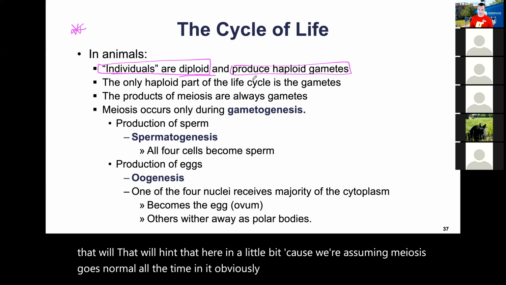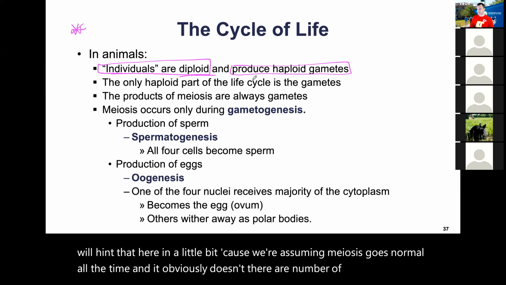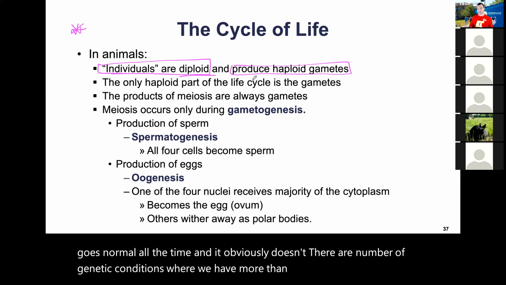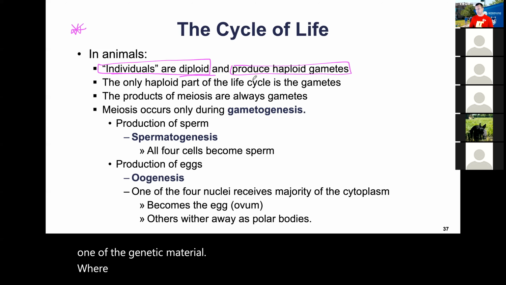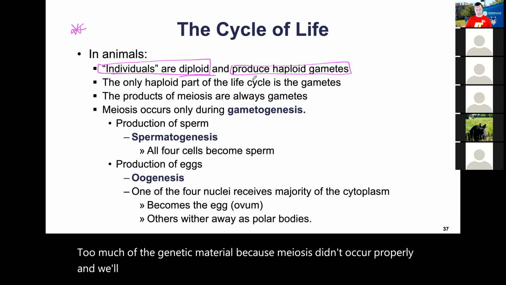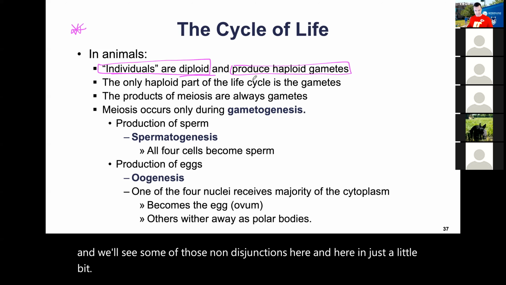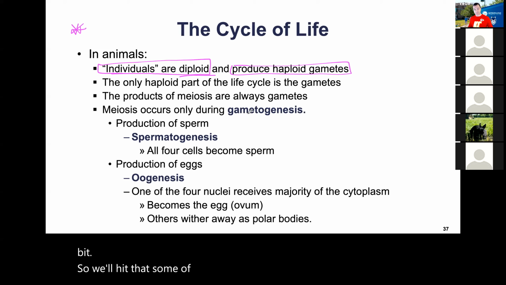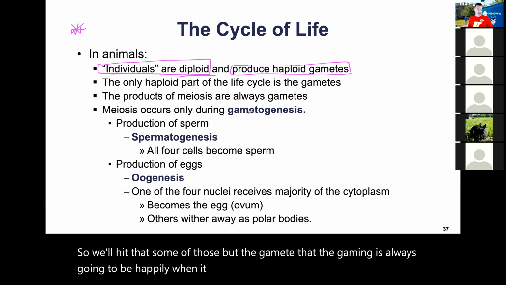There are a number of genetic conditions where we have more than one or less than one of the genetic material, where it's missing half of it, or it has too much of the genetic material because meiosis didn't occur properly. And we'll see some of those non-disjunctions here in just a little bit. But the gamete is always going to be haploid when it comes to animals.